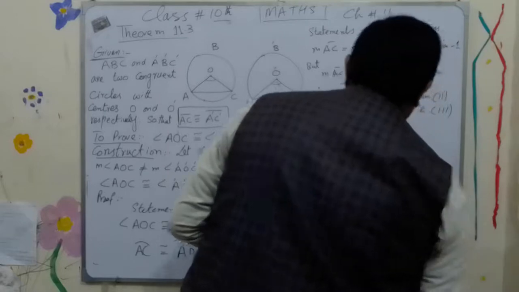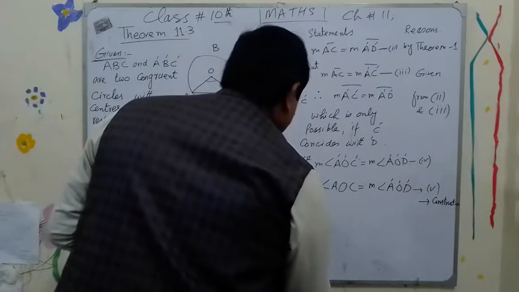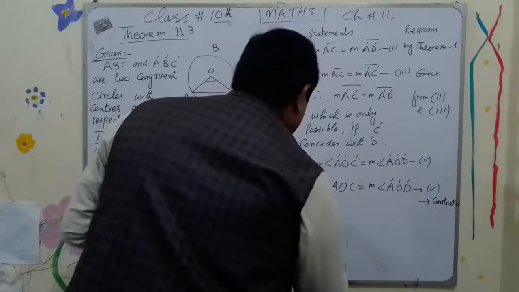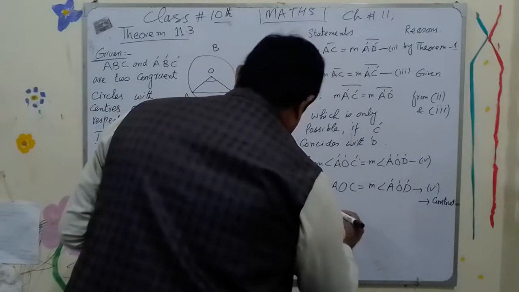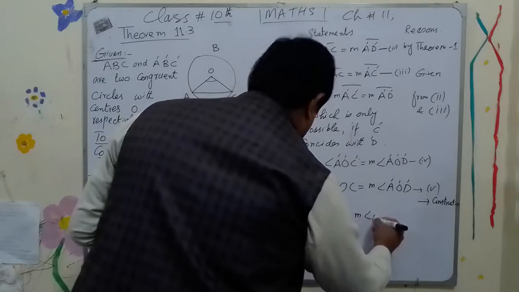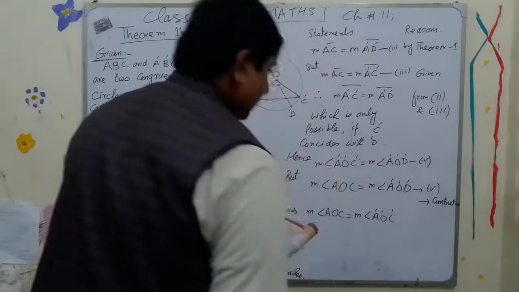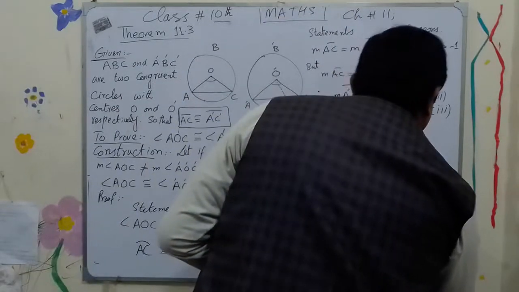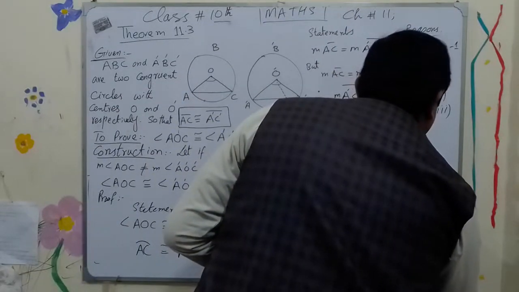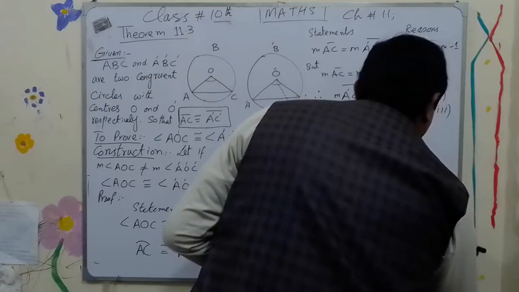Because of the construction step, this implies that measure angle AOC must be equal to measure angle A prime O prime C prime using 4th and 5th.